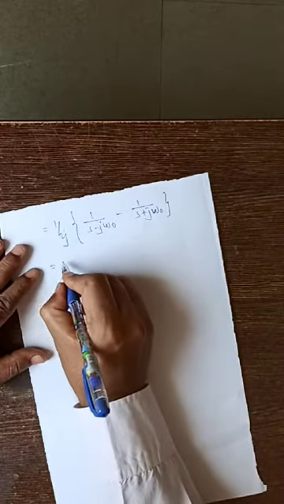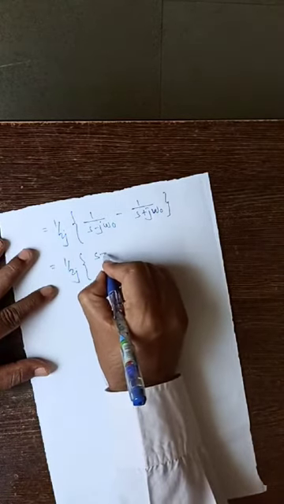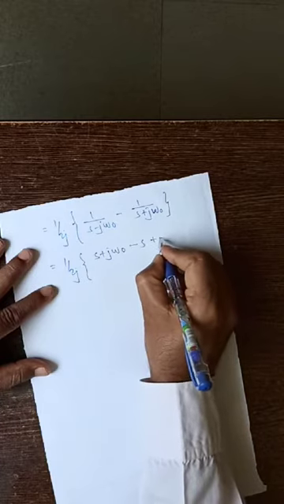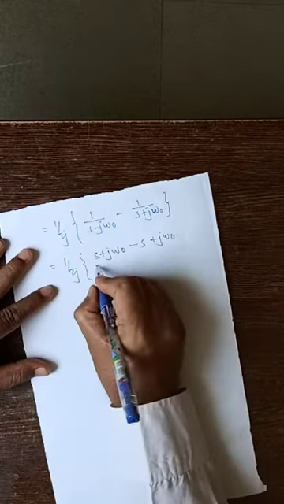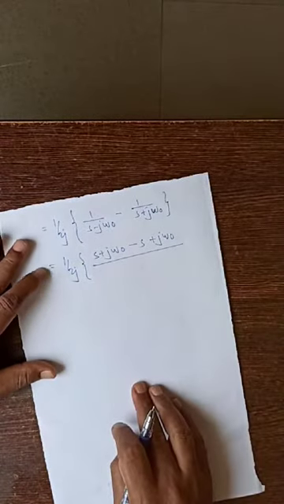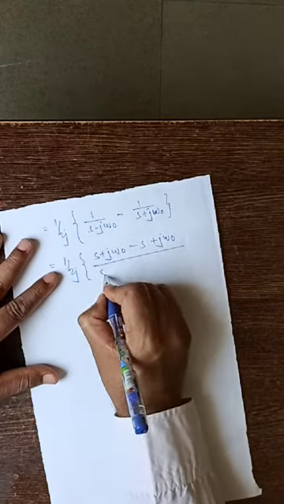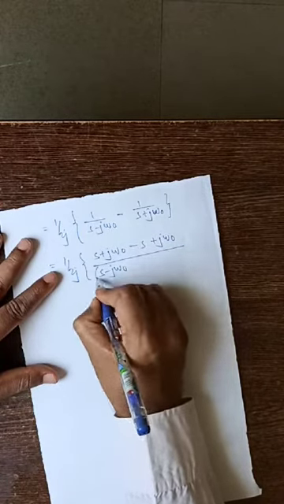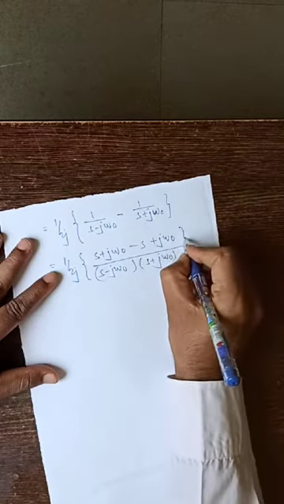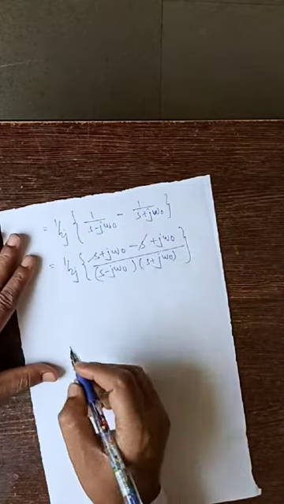So that is equal to 1 by 2j into bracket, (s plus j omega naught) minus (s minus j omega naught). So this is the numerator. Now move the denominators: it is of the form a minus b, (s minus j omega naught), into another bracket (s plus j omega naught). Bracket complete. So s minus s is going to be cancelled.